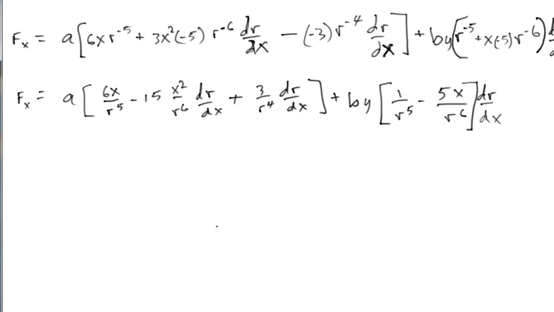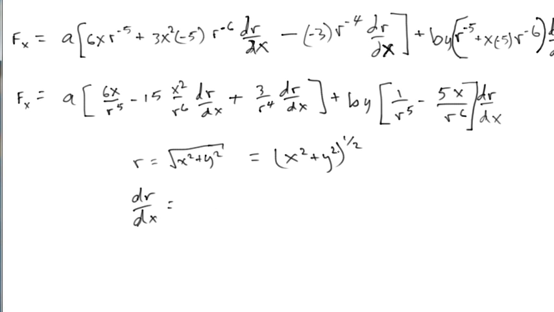That is f sub x. Let's get rid of the dr by dx. R is equal to the square root of x squared plus y squared, which is equal to x squared plus y squared to the 1/2. So dr by dx is going to be equal to, I bring down the 1/2, times x squared plus y squared to the power reduced by 1, and then times the derivative of the inside with respect to x, that'll be 2x.